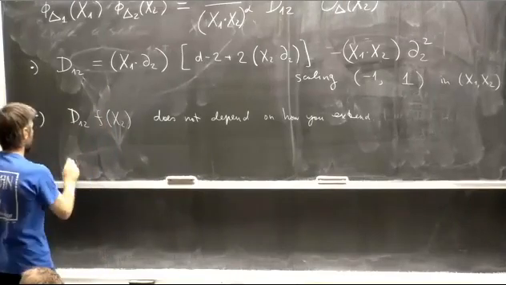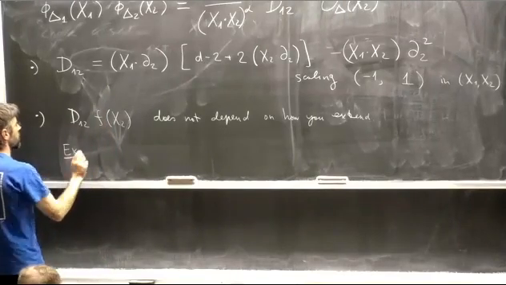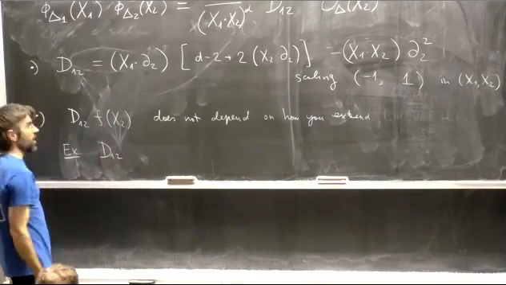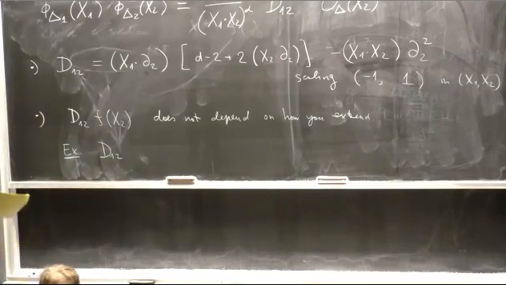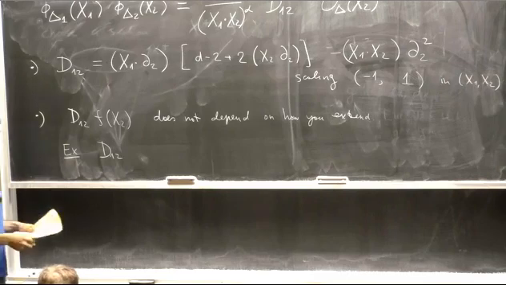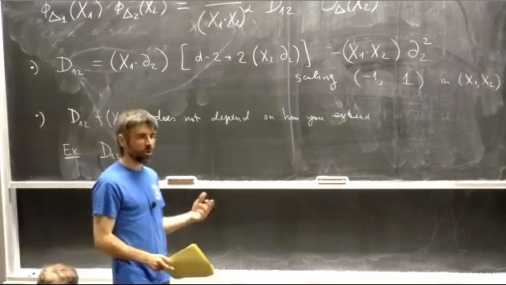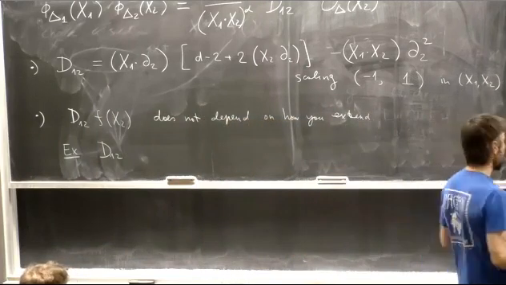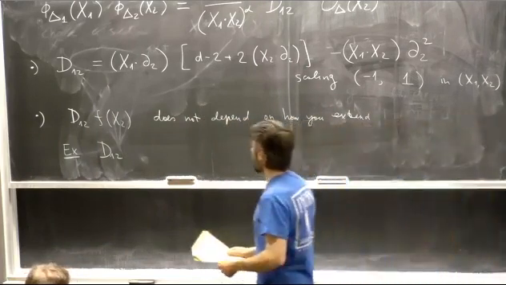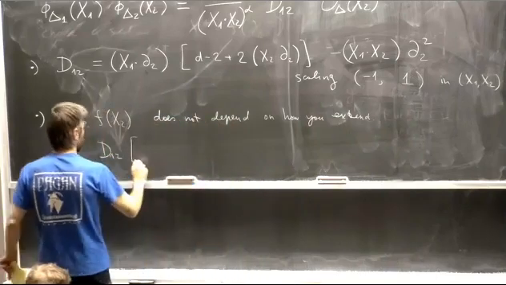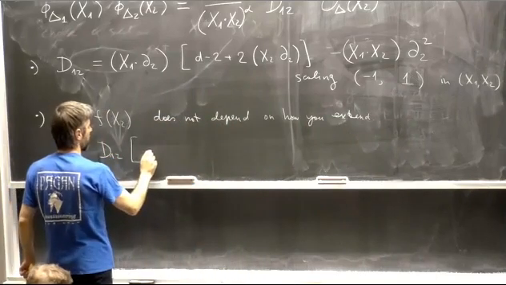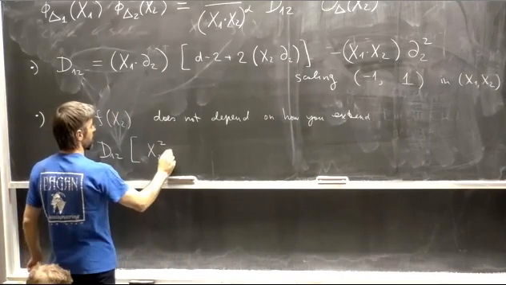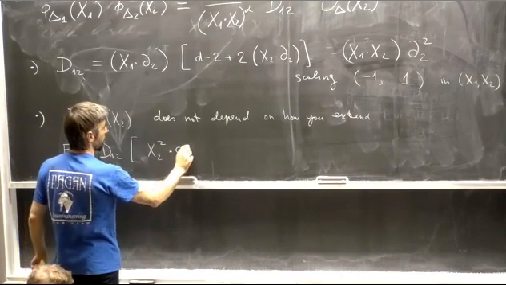I leave this to you as an exercise. What you have to show is that any two extensions that you can possibly come up with have to agree on the cone. It means that they are proportional, since the equation of the cone is x squared equal to 0. So any two extensions are going to differ by x2 squared, which is the equation of the cone, times some function of x2.